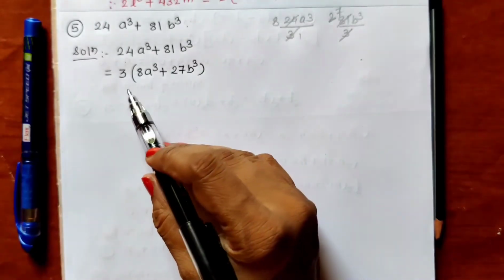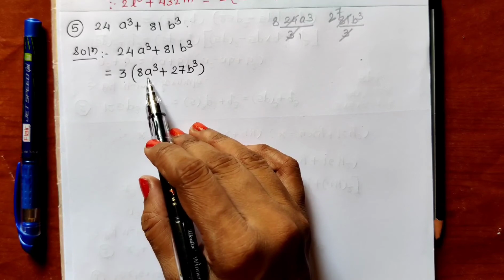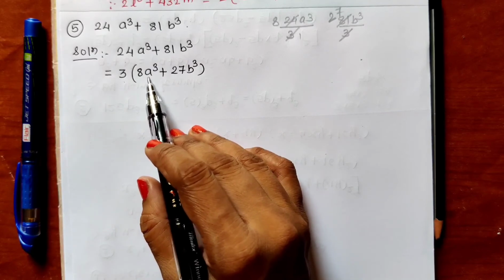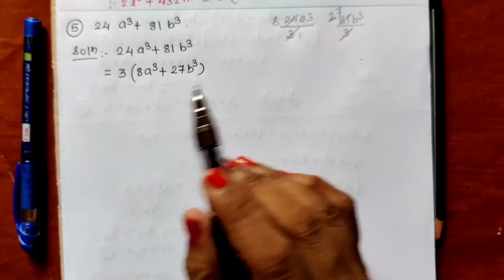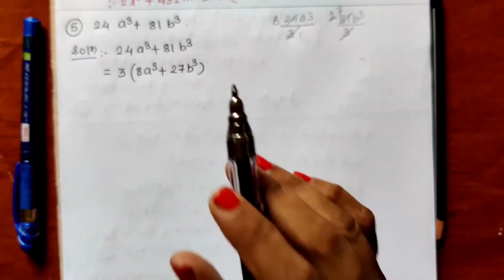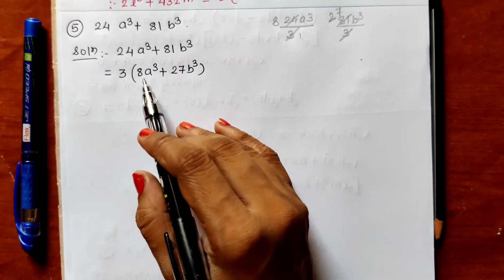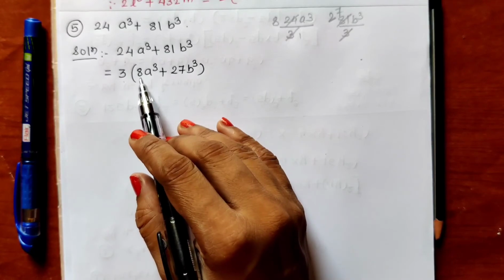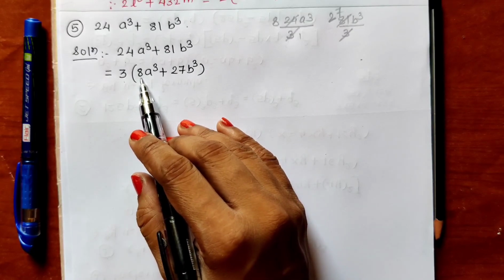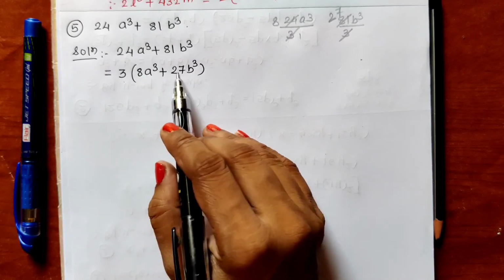We will have to see that after taking out common, the coefficients which we are getting inside the bracket should be the cubes of numbers. As we have taken out 3 common, we are getting 8 and 27 inside the bracket, and we all know 8 is a cube of 2 and 27 is a cube of 3. Both these numbers are perfect cubes.